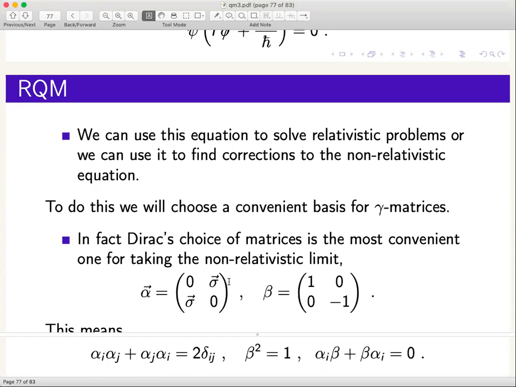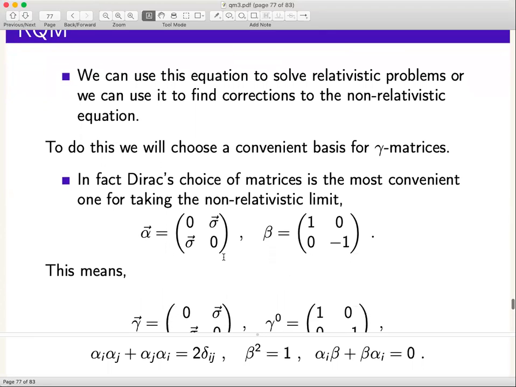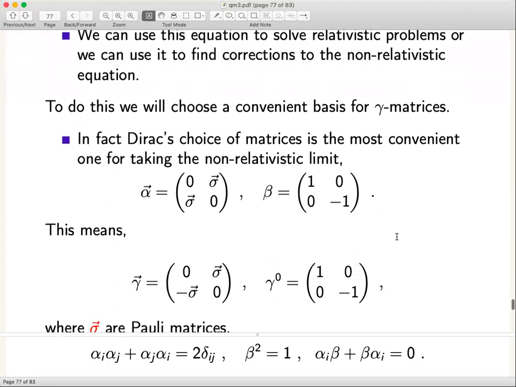But sigma themselves are Hermitian matrices, so sigma dagger is sigma, and therefore alpha dagger is equal to 0, sigma, sigma, 0, which is the same as alpha. That guarantees that alpha is Hermitian. That beta is Hermitian is trivial, really no thinking is required.